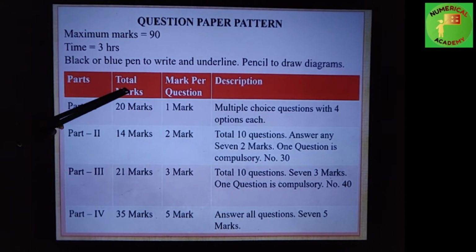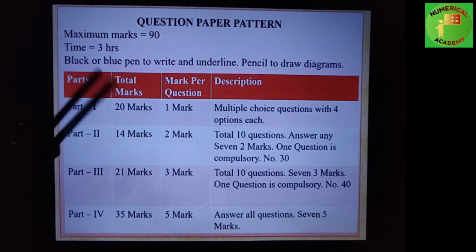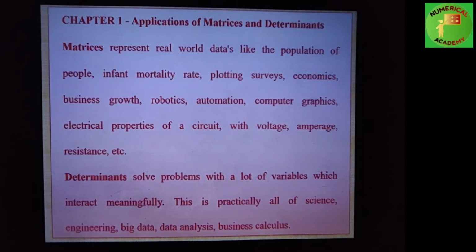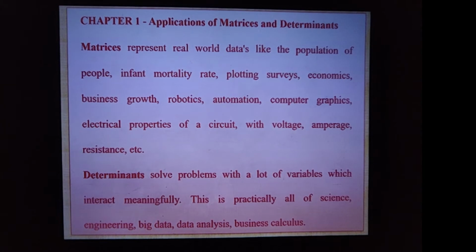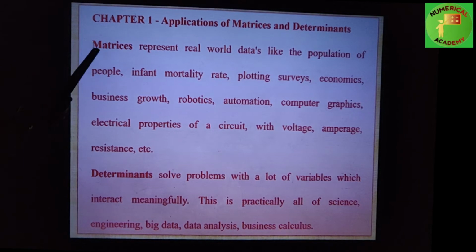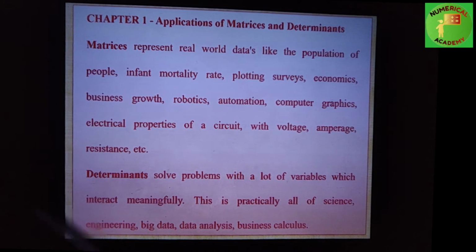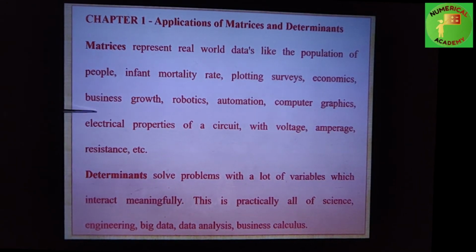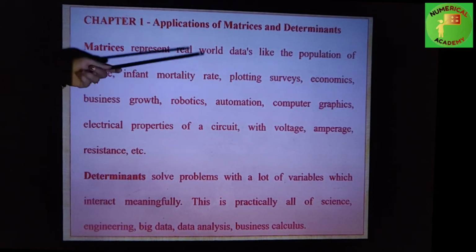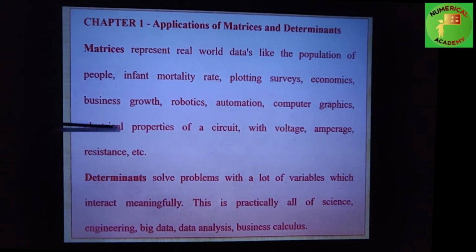This question paper pattern I have already discussed in the previous videos of 12th Standard Mathematics, so I am skipping to the next slide. Chapter 1 deals with applications of matrices and determinants. Matrices, as I explained in the business maths video, have real life applications in the population of people, infant mortality rate, plotting surveys, economics, business growth, and mainly in robotics, to measure robot movements, automation, computer graphics, and electrical properties of a circuit with voltage, amperage and resistance.